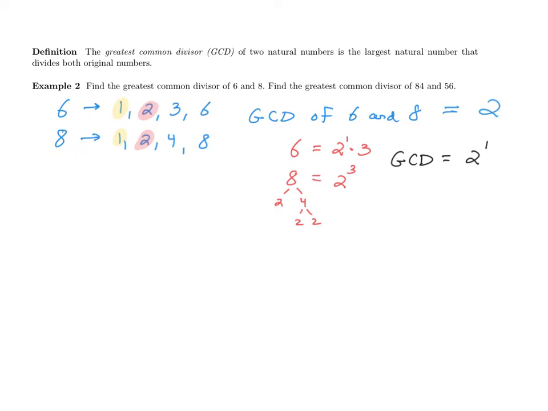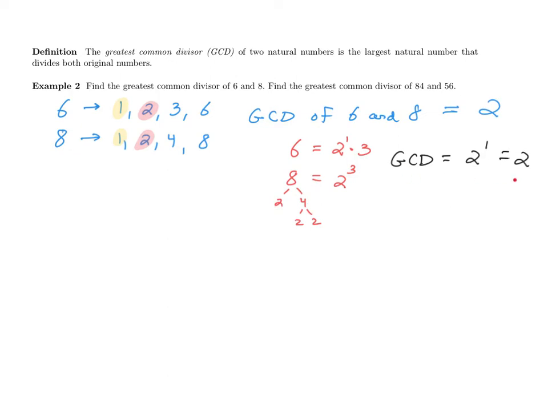So for this reason, I put 2 over here because that was the prime that was common to both of these lists. And I can only use up to 2 to the first power because 2 to the first divides into 6. 2 to the first divides into 8, but 2 to the power 3 does not divide into 6. And here we get our answer of 2 to the first, or simply 2.